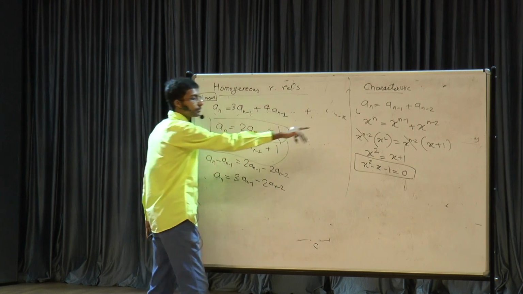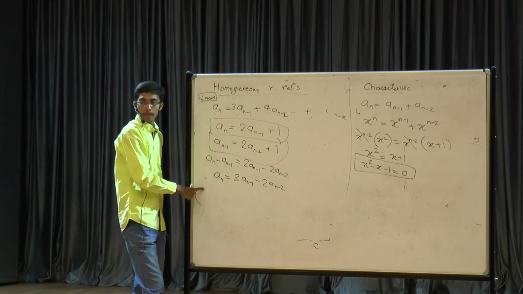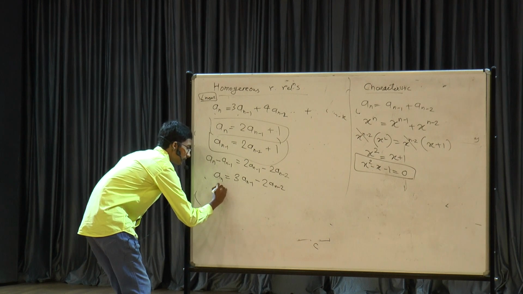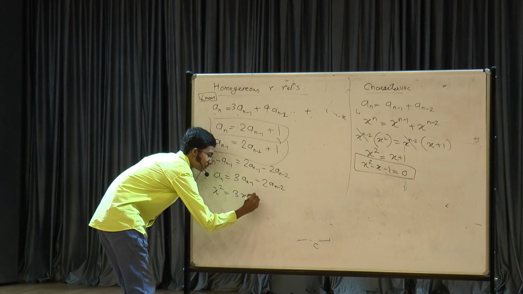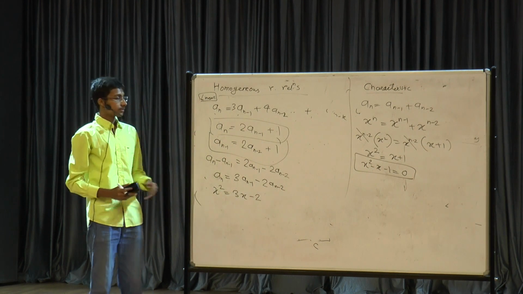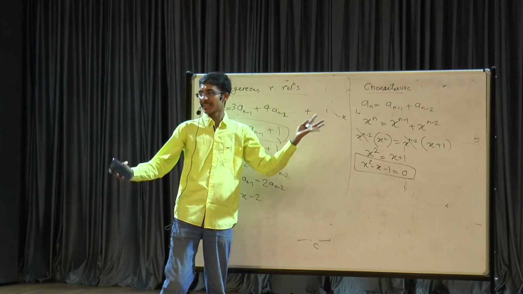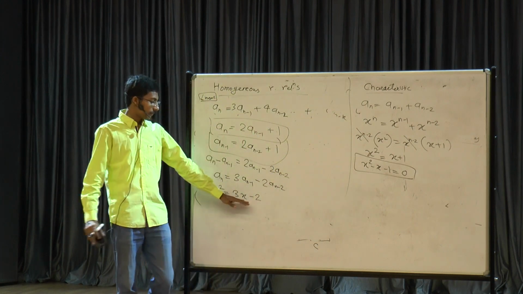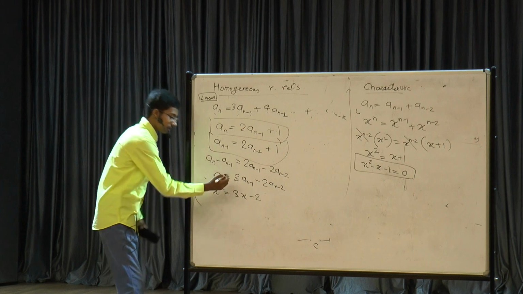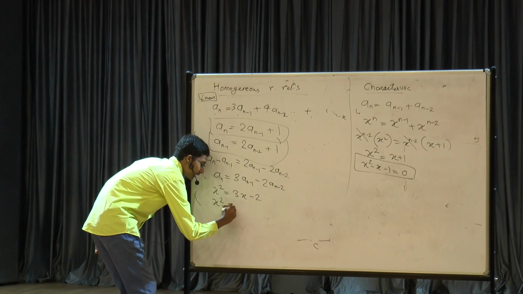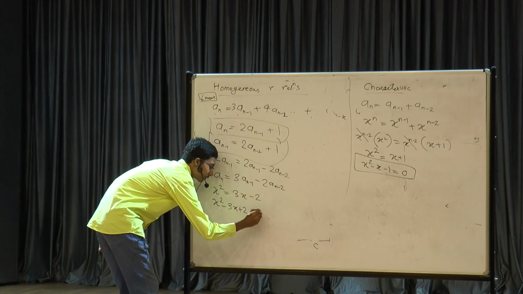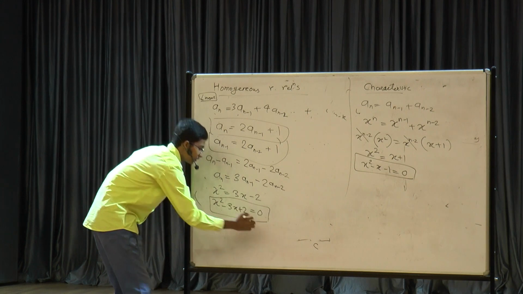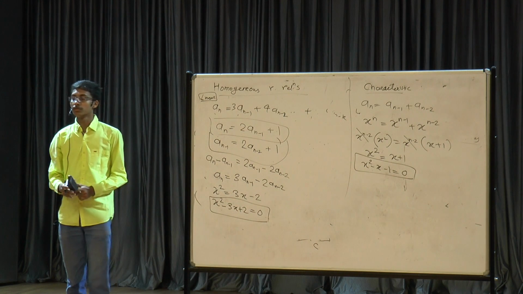If I were to make a polynomial out of this, what will it be? Do you see it will be x squared equal to 3x minus 2. Same process as this, replace a_n by x^n. Now I end up with a quadratic polynomial, x squared minus 3x plus 2 equals 0.